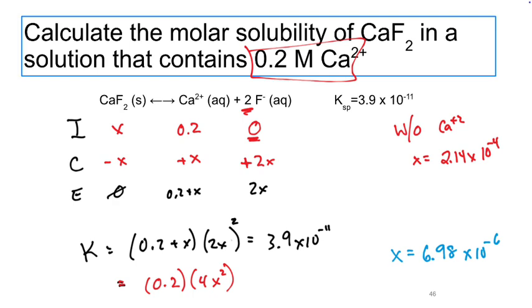Did the blue value get bigger or smaller? It got smaller, which means less calcium fluoride dissolved. Isn't that exactly what we said using Le Chatelier? Yes, it is. So we can actually quantify and see that differential, or we can approximate it.